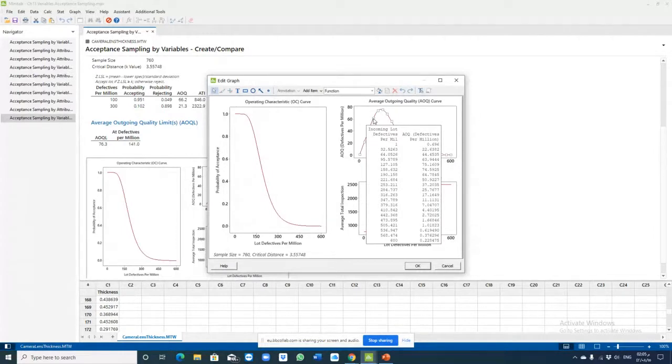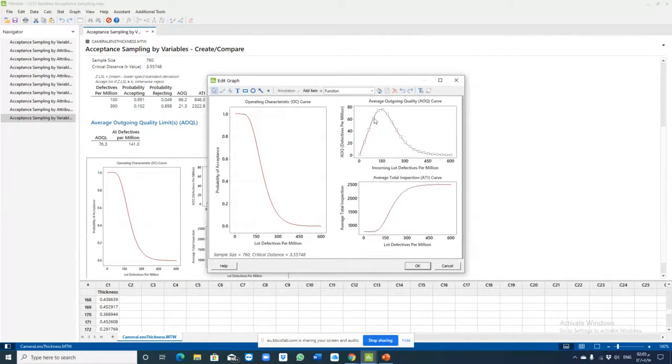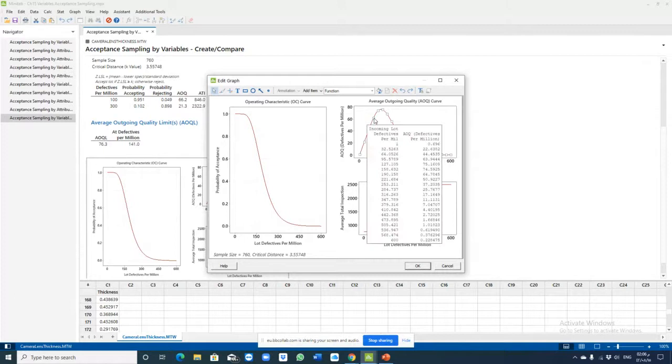If the incoming defective in the lot is 64 defective per million, then I will have 44 defective per million as an average outgoing quality. So here you answer the question: the average outgoing quality when 64 defective per million is found in the lot will equal 44 defective per million.